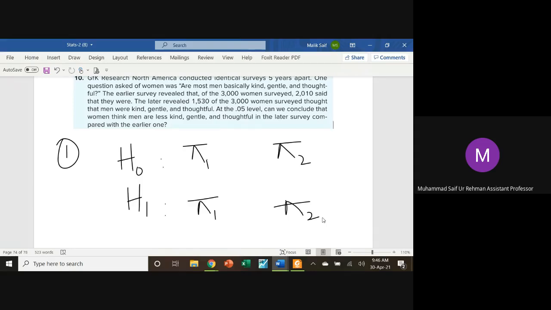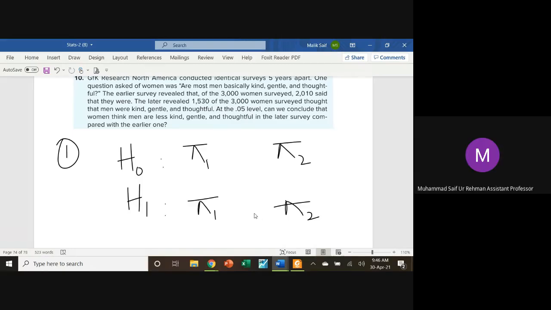Is pi 1 less than pi 2, or is pi 2 less than pi 1? Pi 2, sir. Pi 2 is less than pi 1? Yes, sir. Anybody else? Sir, pi 1 is less than pi 2.